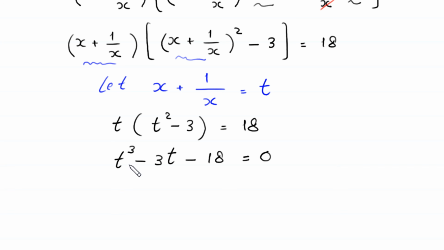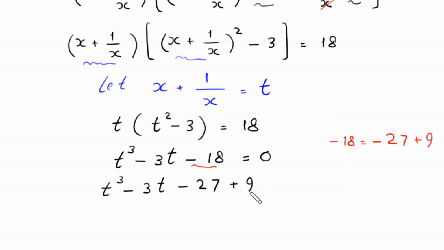Now this is a cubic equation and is factorable. We write this t cubed minus 3 times t. This negative 18 can be written as negative 27 plus 9. So we write this negative 18 as negative 27 plus 9 is equal to 0.